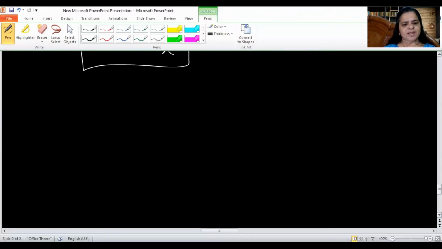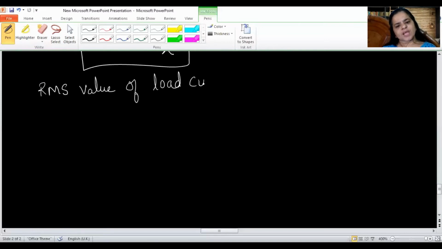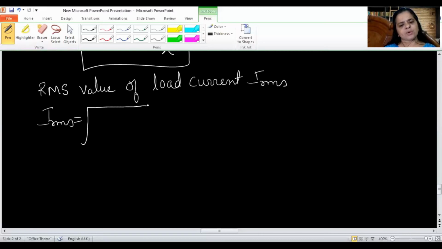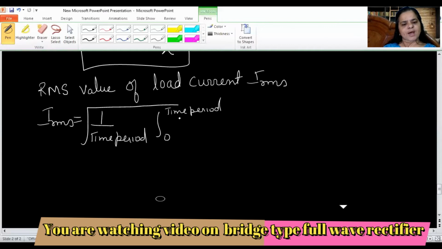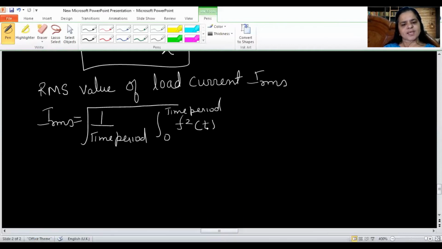Now the next parameter which I am interested in is the root mean square value of load current, that we represent by IRMS. You know how to calculate the RMS value, the analytical way is: under root 1 by time period, integration 0 to time period, function square dt.